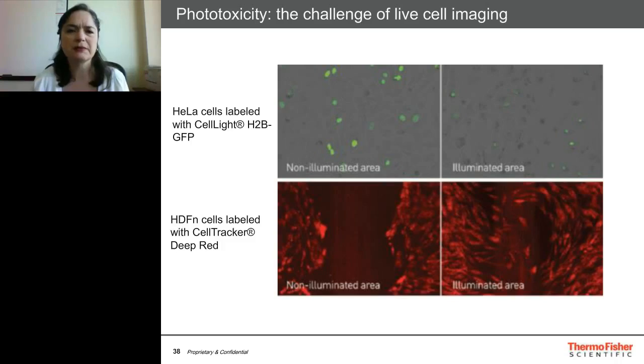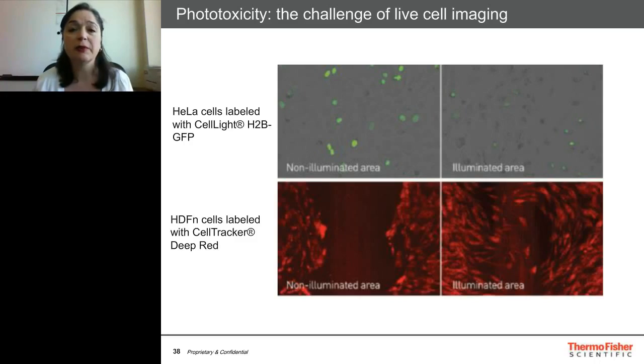And if you look in the bottom panel, you're looking at some fibroblast cells that had some scratch wounds scratched across them, and they're labeled with CellTracker Deep Red. And you're going to have to ignore the titles on the bottom there because they got flipped, and I'm sorry. But what you're looking at in that scratch, where there's basically a tunnel through the cells, are shown in red.